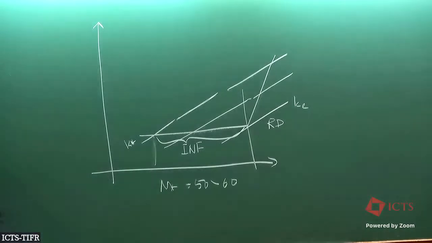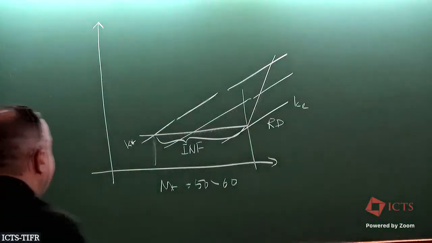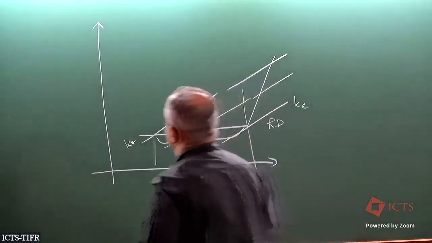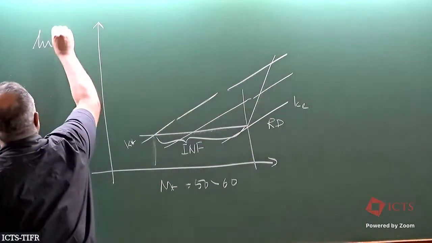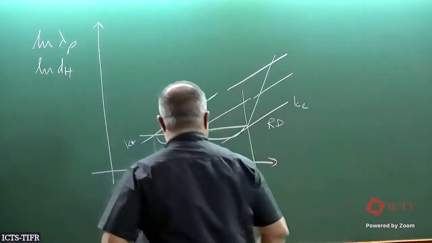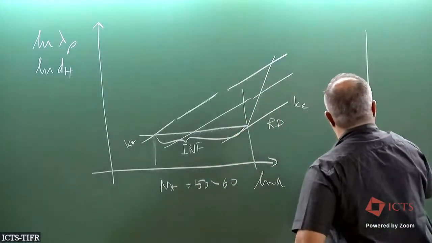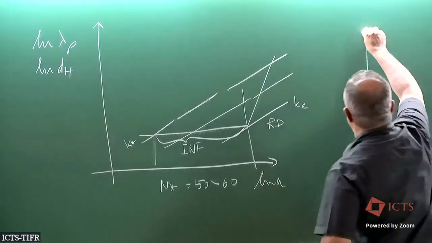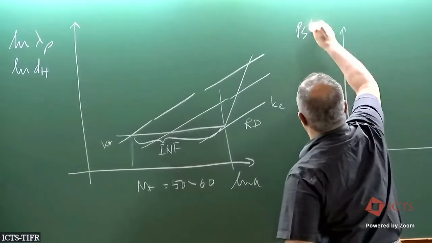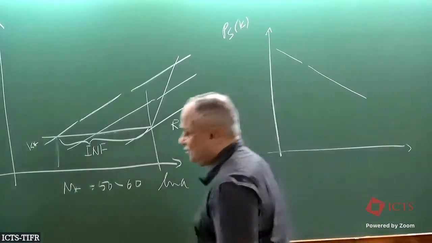What you find is that if you have slow roll inflation, the power spectrum is red. What have I plotted here? Log of lambda p and log of the Hubble scale, as a function of log a. If you plot the scalar power spectrum, P_s of k, it has a red tilt. I have exaggerated the tilt.